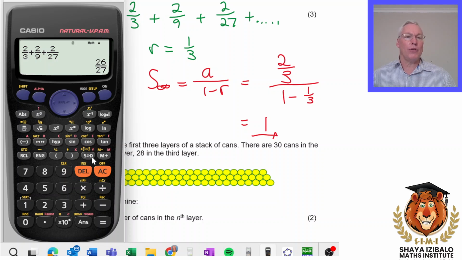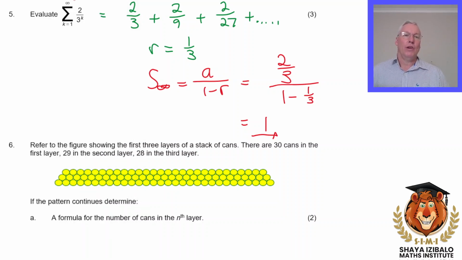That's actually quite close to 1. Let's add in the next term. 3 lots of 27 is 81, so 2 over 81. Now notice it's getting closer and closer to 1. Takes a while. The next one would be 2 over 243. But it gradually gets closer and closer to 1.